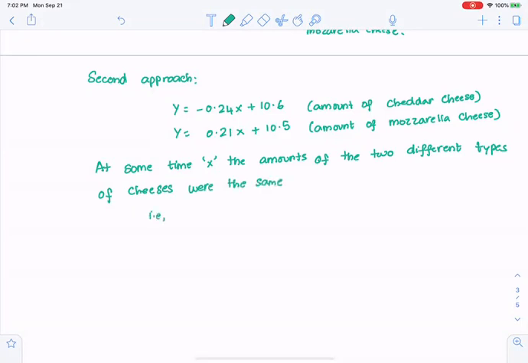That is negative 0.24x plus 10.6. The amount of cheddar cheese equaled the amount of mozzarella cheese. So they became the same.